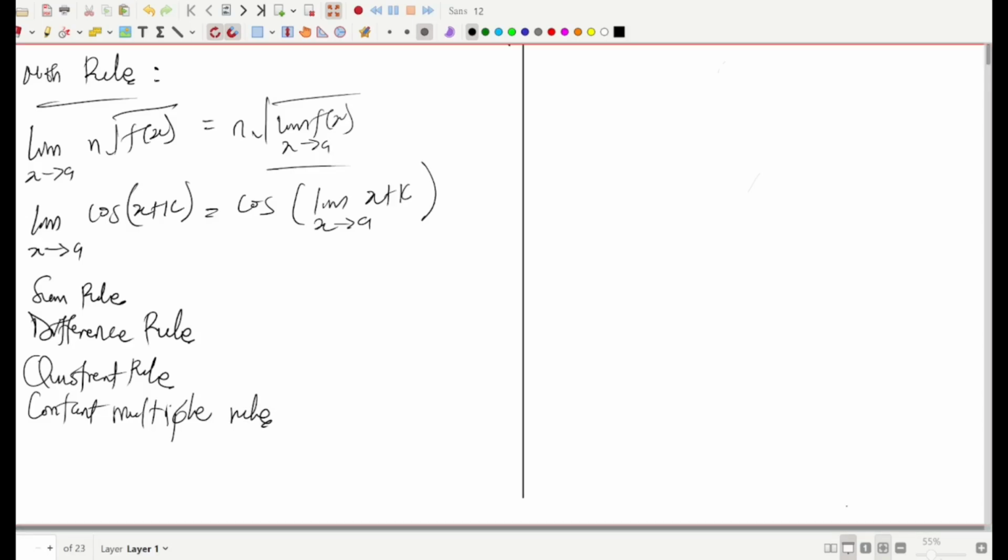We also touched on a few other rules, but as we move along, we are going to recap all of them and apply them as well.